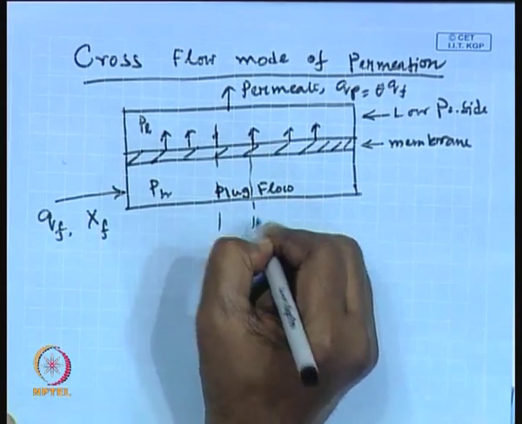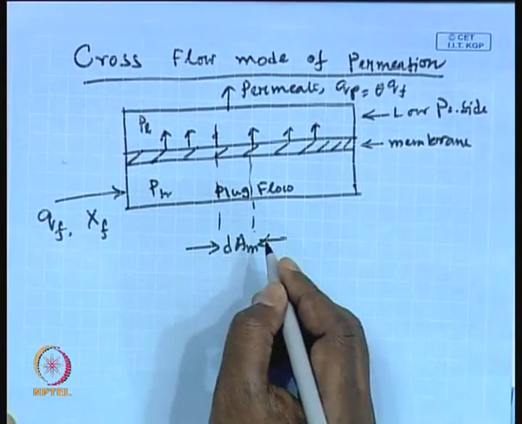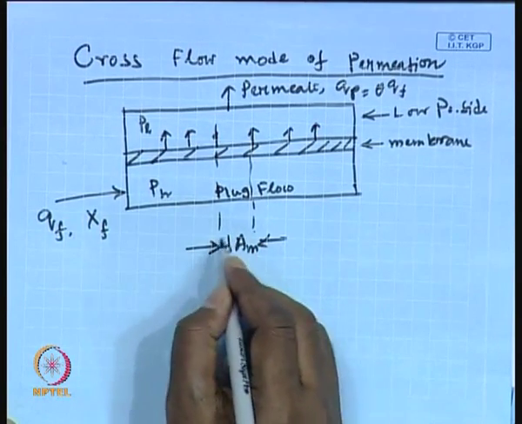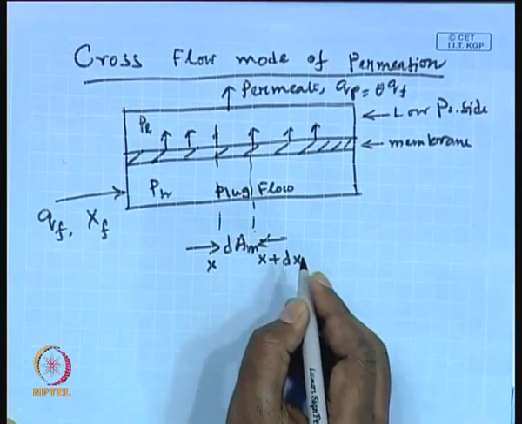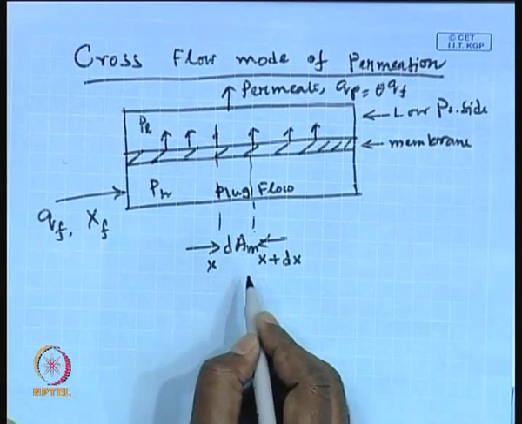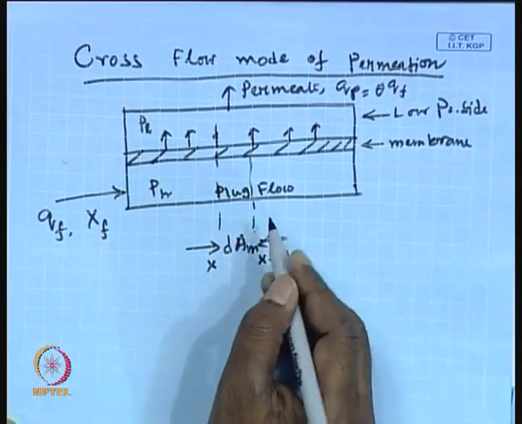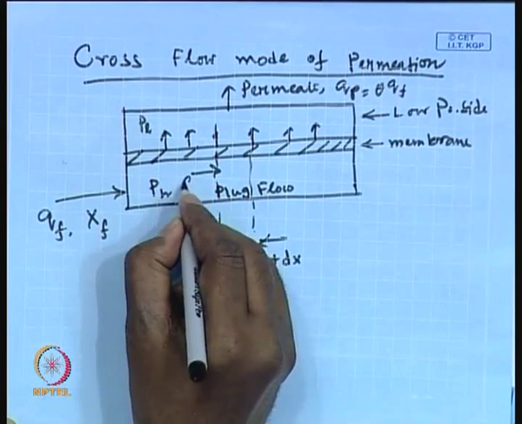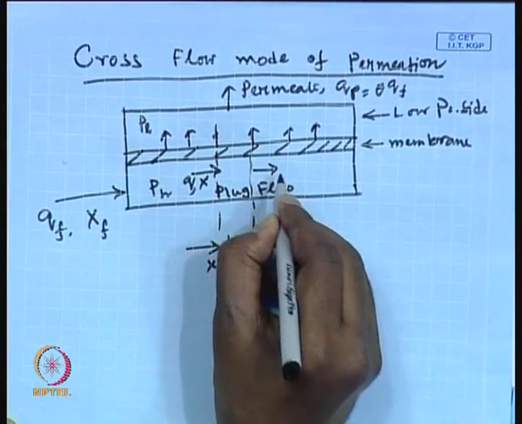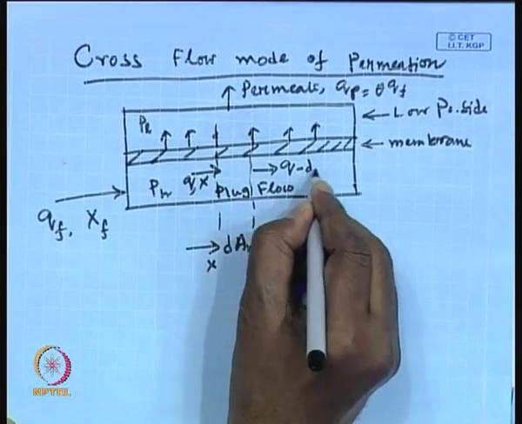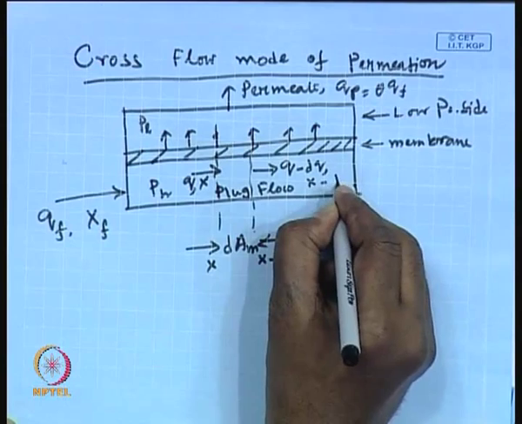now, if you have a differential membrane area of dAm, and this dAm is located between the length x and x plus dx. Okay. dAm is the differential membrane element area that is located between the two locations x and x plus delta x, and the feed that is going in here is q at the location x, and the other one that is going out is q minus dq at the location x minus dx.